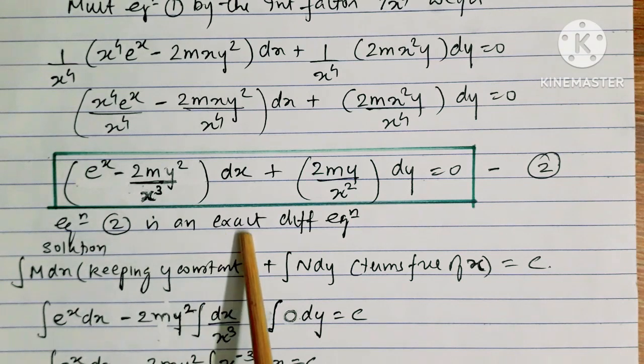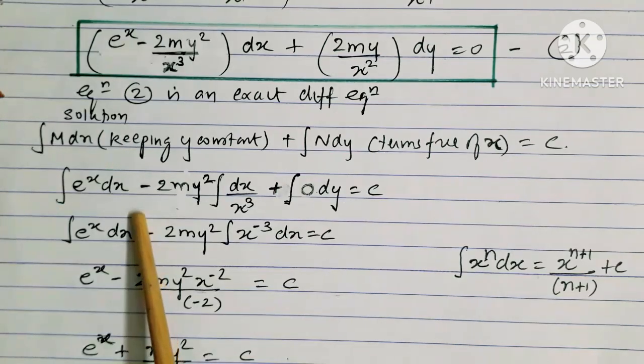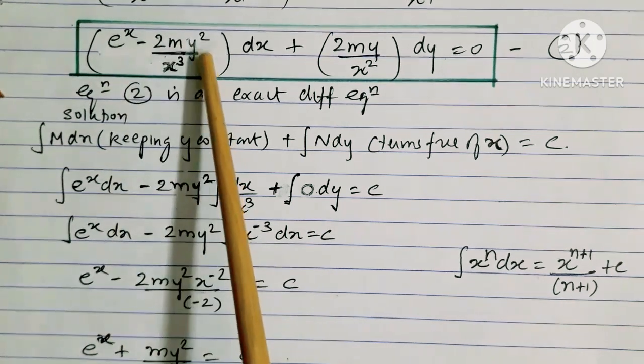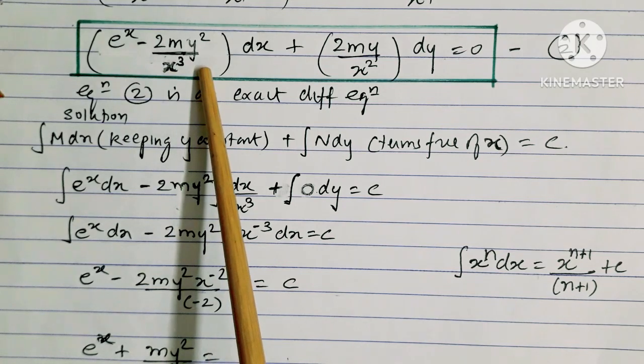Equation 2 is an exact differential equation, and the solution to the exact differential equation is integral M dx keeping y as constant plus integral N dy, integrating only those terms in N which are free of x, equal to some constant c. Now, M is equal to e raised to x minus 2m y square upon x cube. We'll have to integrate M with respect to x, treating y as a constant.